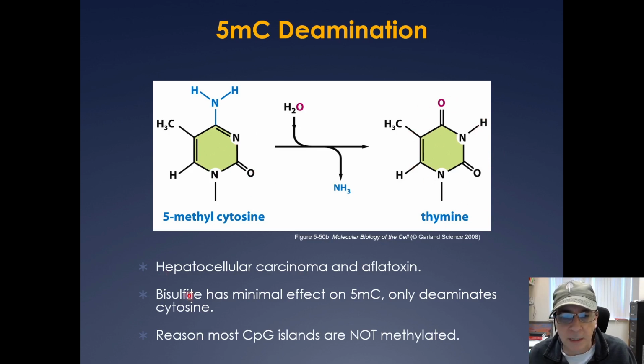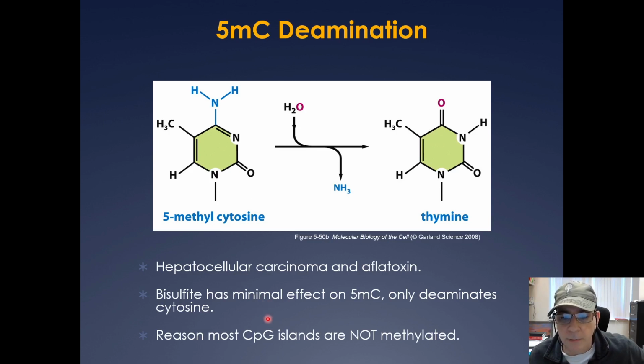A note on bisulfite treatment. So bisulfite, which we saw before, will cause deamination of the cytosines, has little to no effect on 5-methylcytosine, and it only deaminates cytosines. Okay, so that's used in the laboratory to basically detect DNA methylation.